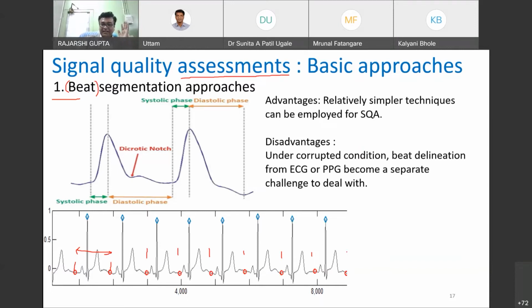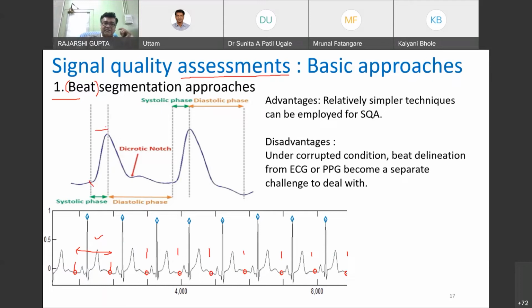And then for each beat, you need to assess each cardiac beat. In the case of the PPG signal, this is the onset point of the beat. That means the cardiac cycle starts, ventricular contraction.